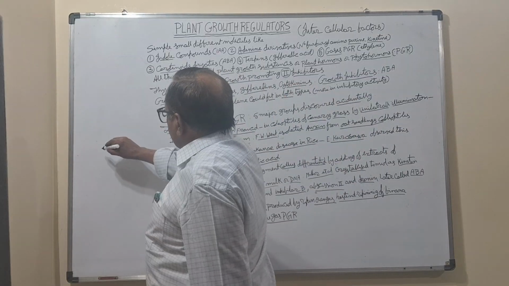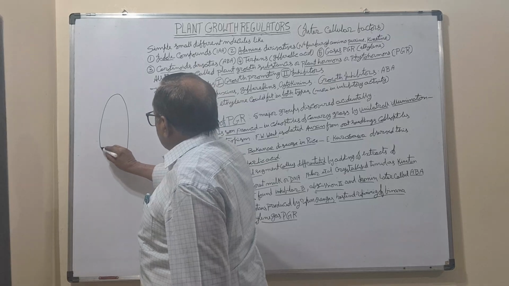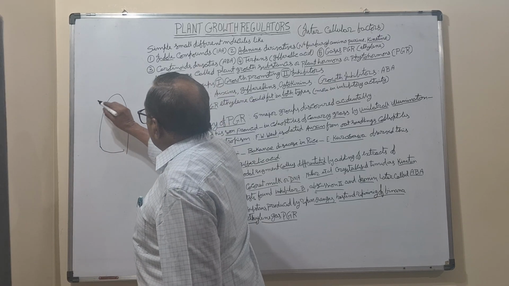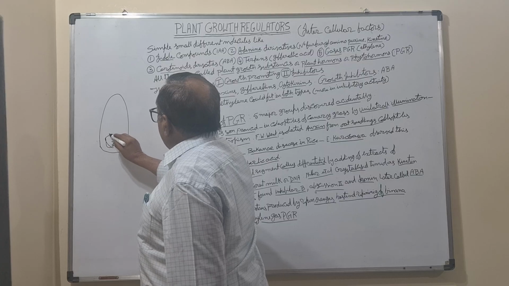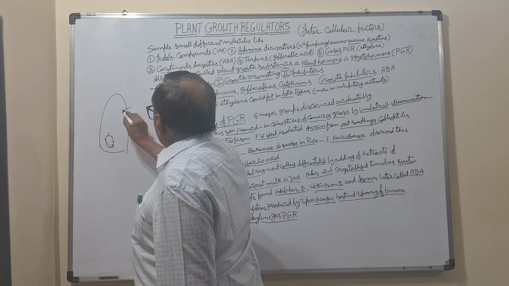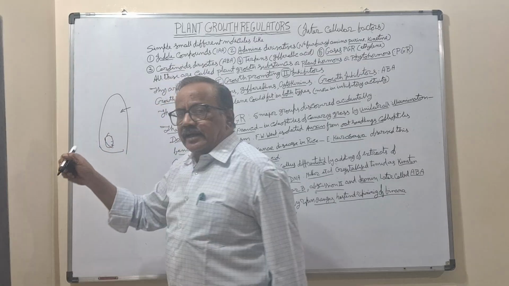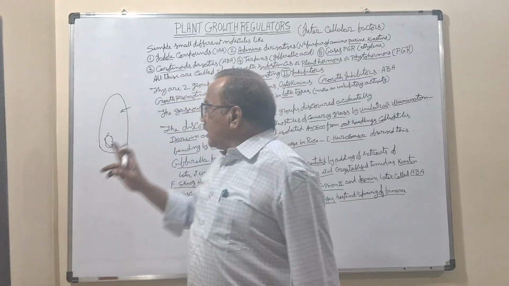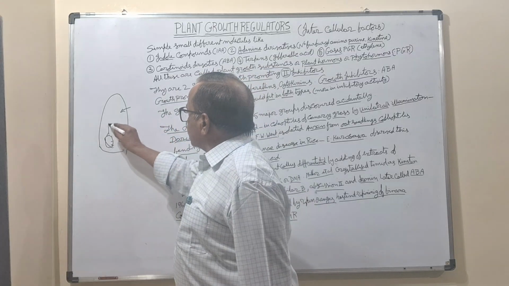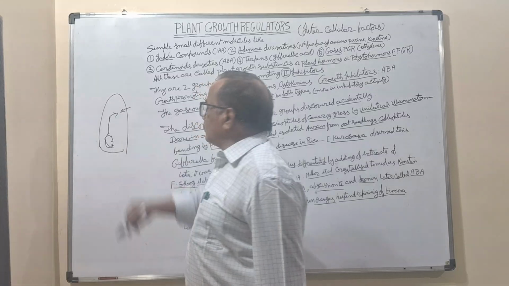Here you see, they covered a part with some darkness, and this is the part, and now they gave light from the side, means from one lateral side. The plant started to bend like this.